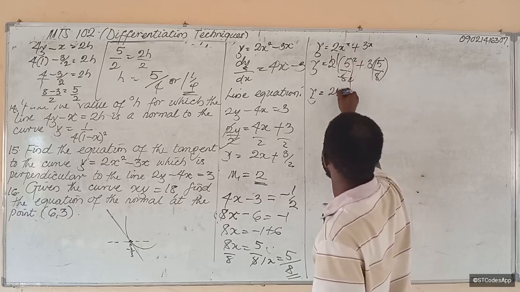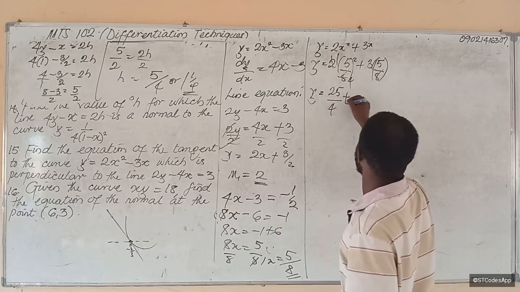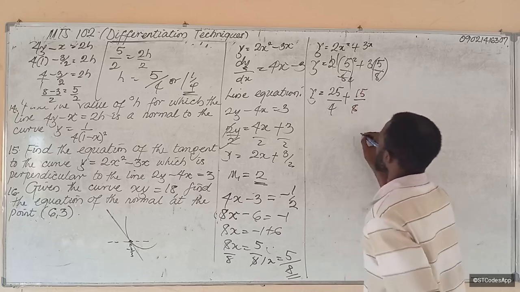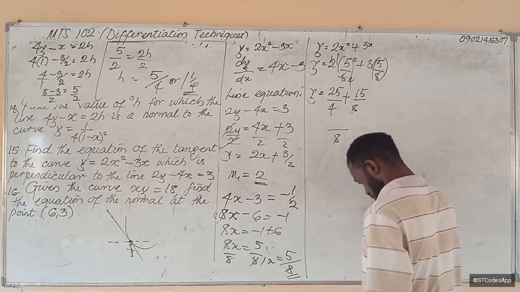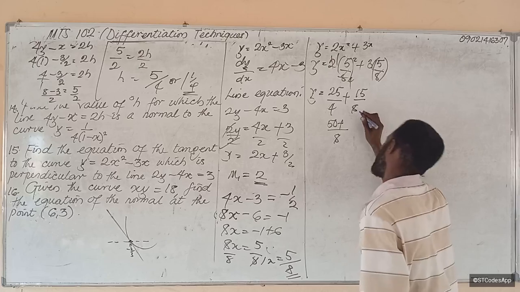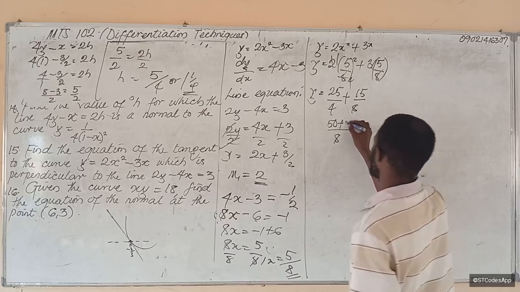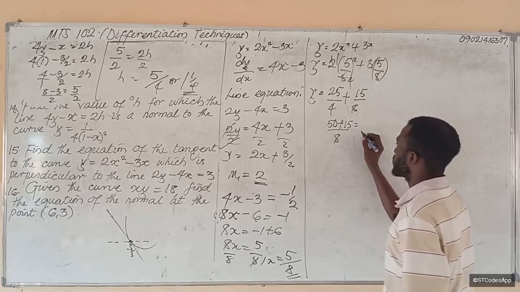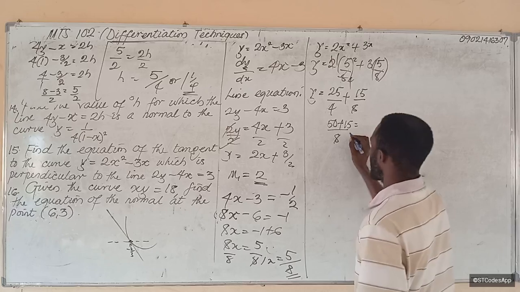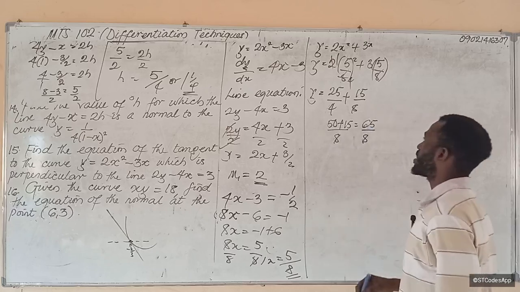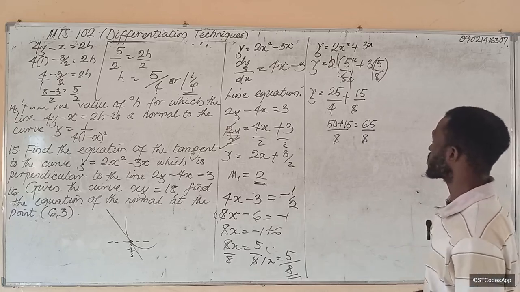So we have 25 over 4 plus 15 over 8. By the time you work this out, LCM is 8, 2 by that, 50 plus 15 in 8. So you have 65 over 8. It's getting ugly.